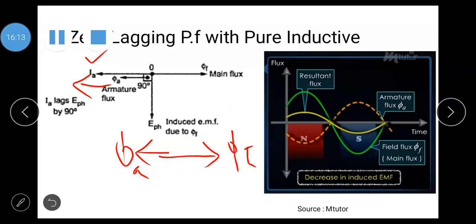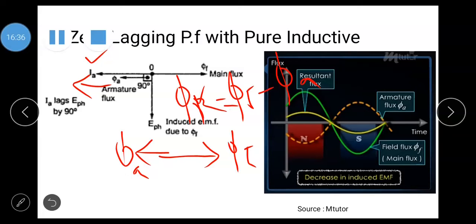Because the resultant flux equals phi F minus phi A. So the resultant flux will be phi F minus phi A, and the resultant flux is decreasing here.